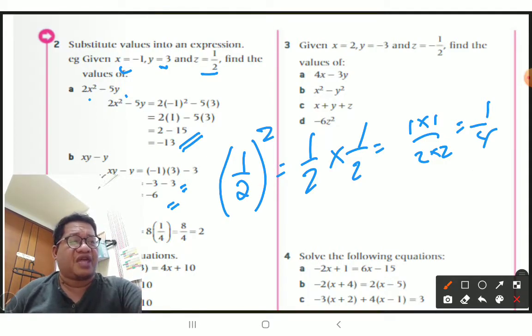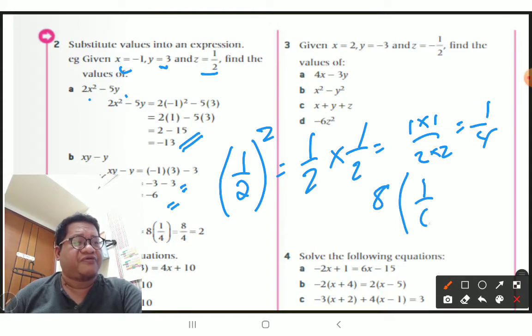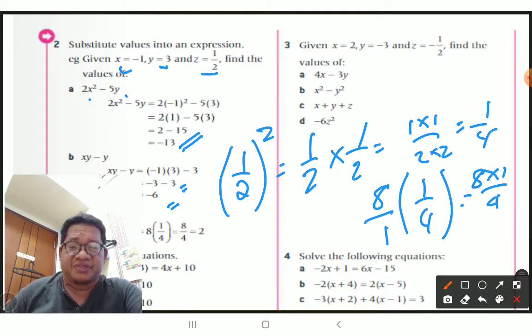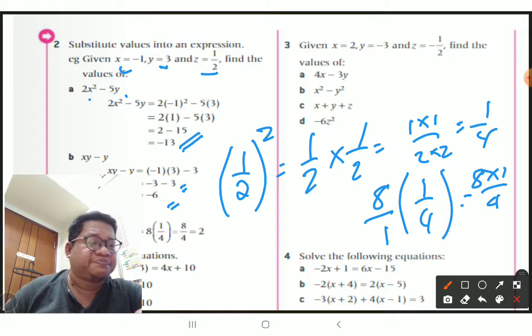And then, for example, if you have 8 times 1 out of 4, you just simply need to multiply 8 times 1 and then over 4. Because this one is over 1. Alright? If it's not written that over 1, it means it's over 1. So 8 times 1 equals 8. 1 times 4 equals 4, and that's the answer.